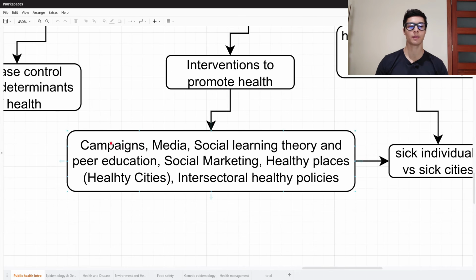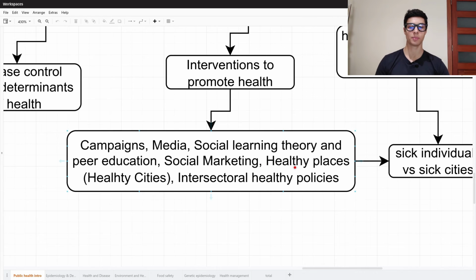As you can see, we can have campaigns, we can use the media, the social media. Then we have also the social learning theory and peer education. The social marketing, this is when we promote health on a market basis, like supermarkets, and promote healthy products for people.